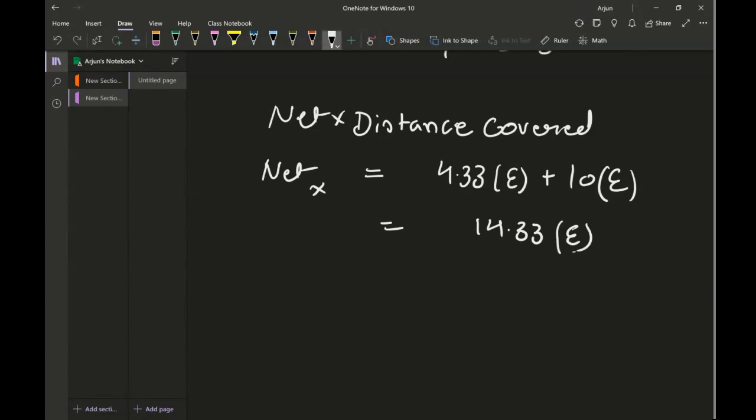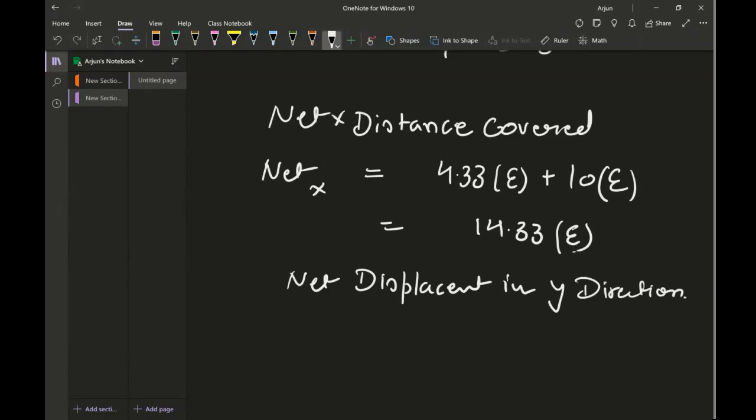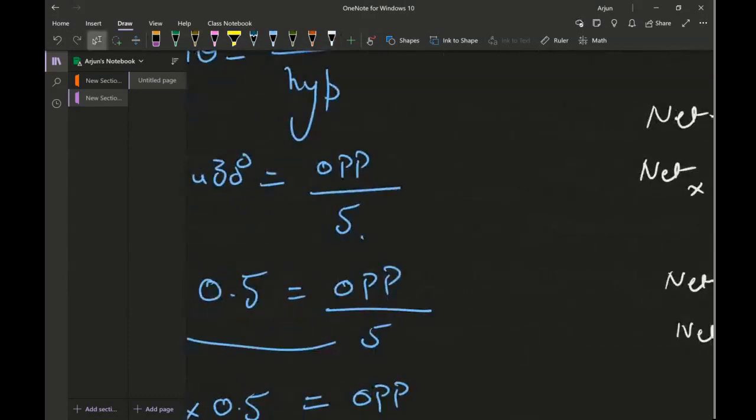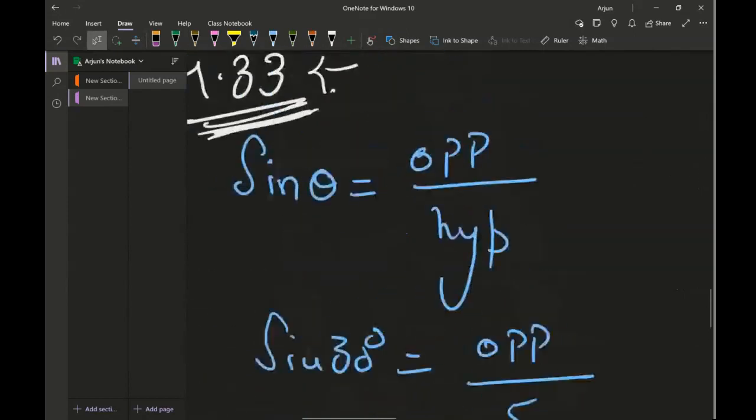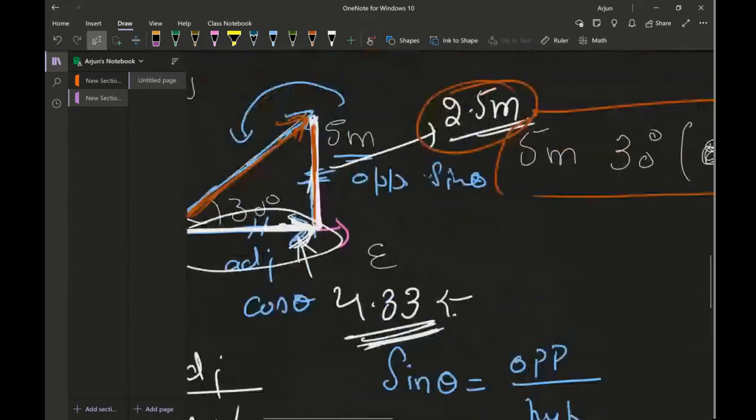In the same way, I'll find the net displacement in the y direction. So net y will be equal to, well, in the second case there is nothing in the y direction. In the first case, if I go back and look at the diagram, this was the net y.